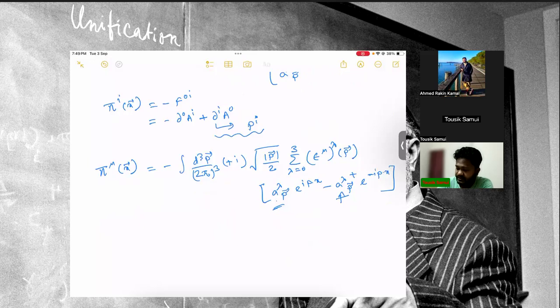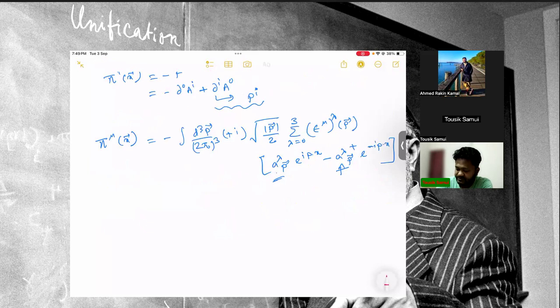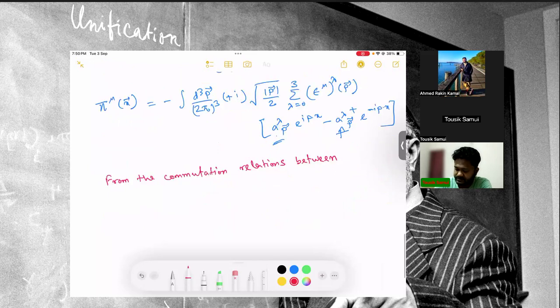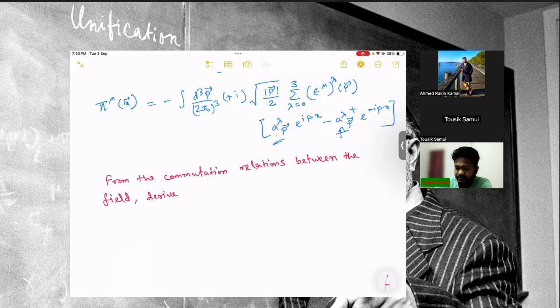Now I give this as an exercise. It will be similar to the scalar field: from the commutation relation between the fields, derive the commutation relations for the operators.